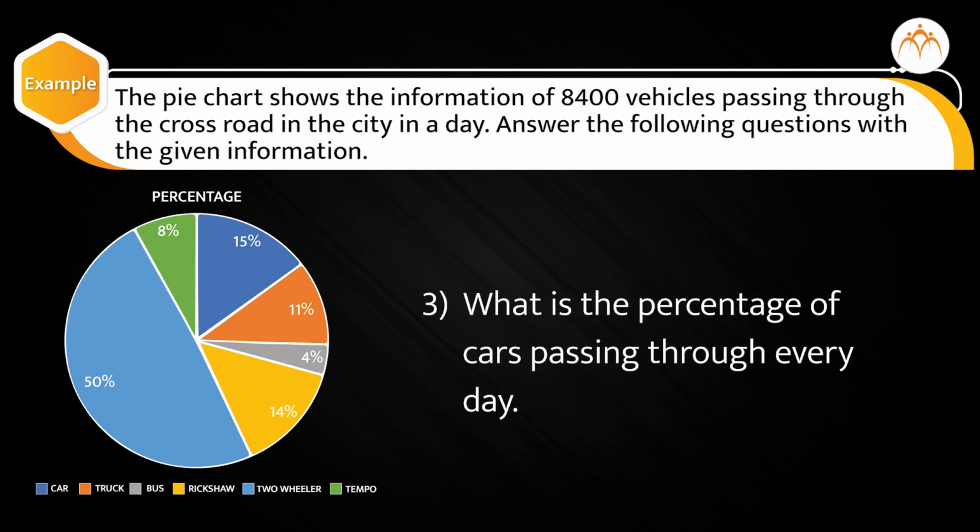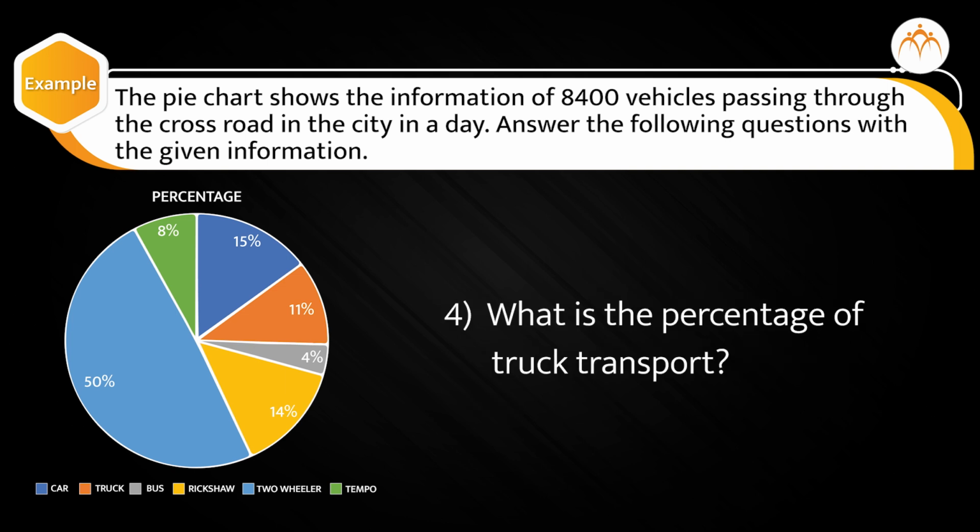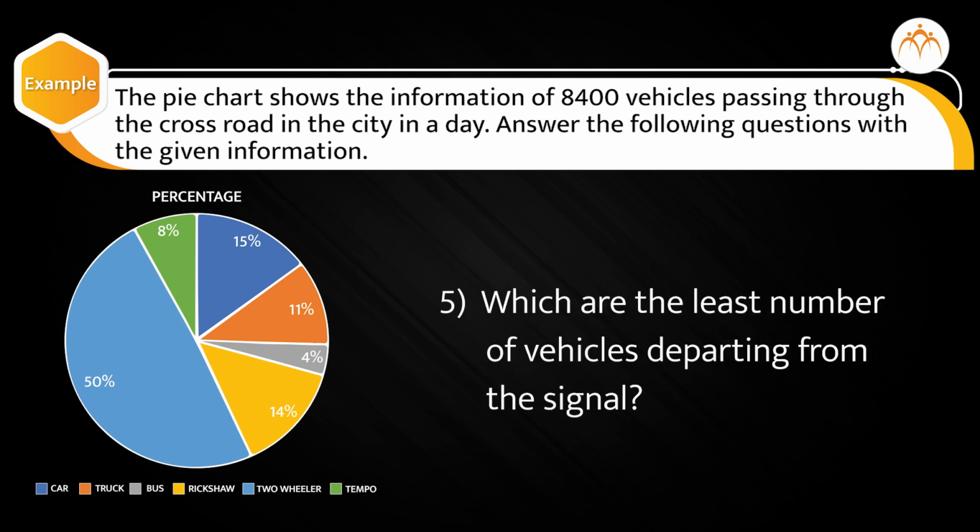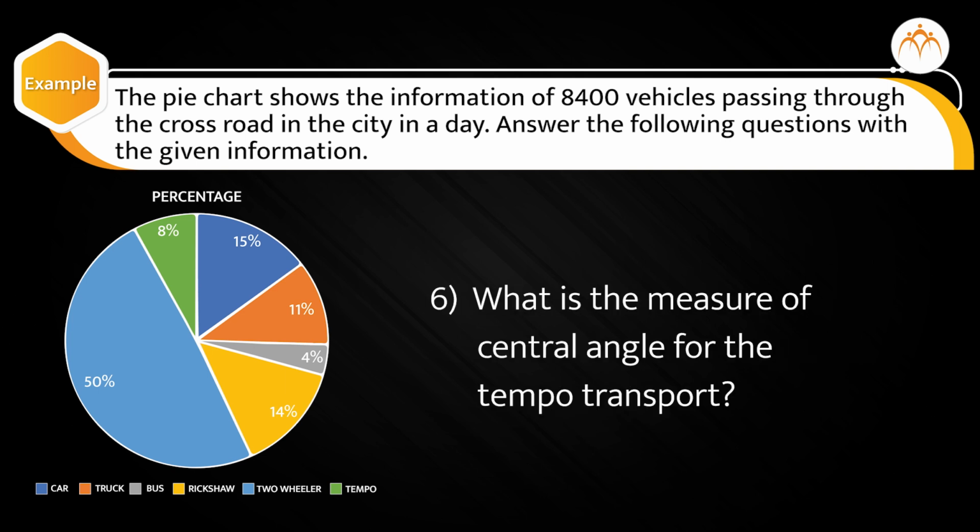Third question, what is the percentage of cars passing through every day? Fourth question, what is the percentage of truck transport? Fifth question, which are the least number of vehicles departing from the signal? And sixth question, what is the measure of central angle for the tempo transport?